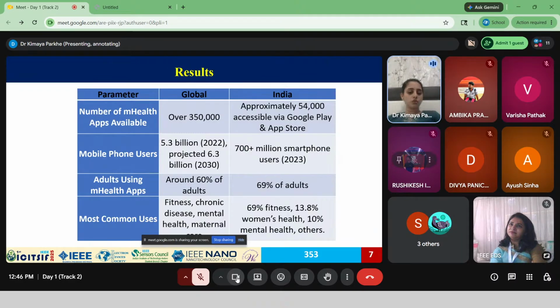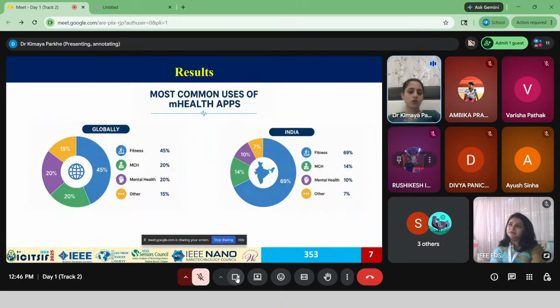The most common uses found were fitness, chronic disease, mental health, and maternal health globally. For the Indian region, it is also fitness, women's health, and mental health. So these are the graphs made out of the previous data.